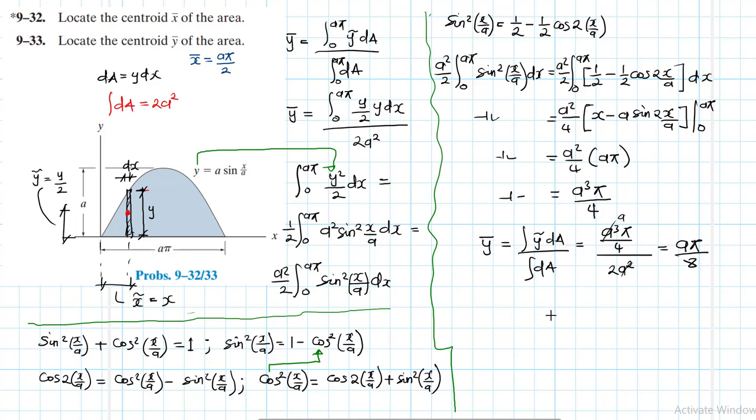Let's write the summary of the solution. X bar is going to be equal to pi a divided by 2, and y bar is going to be equal to pi a divided by 8.